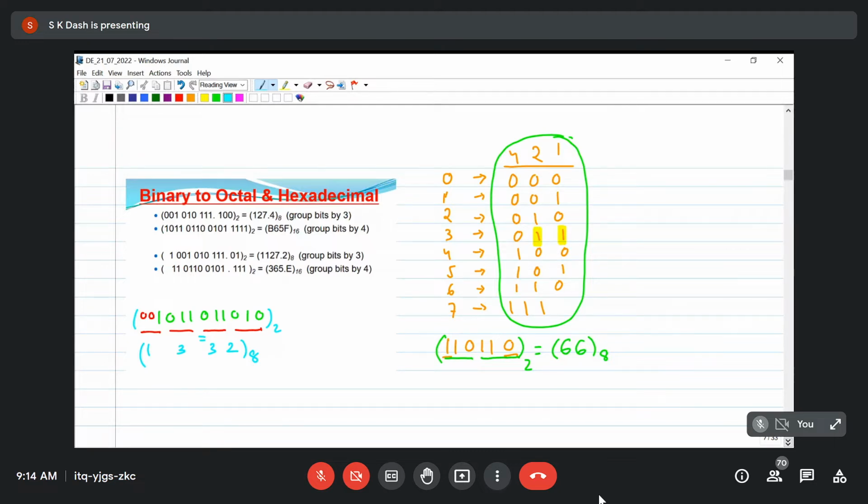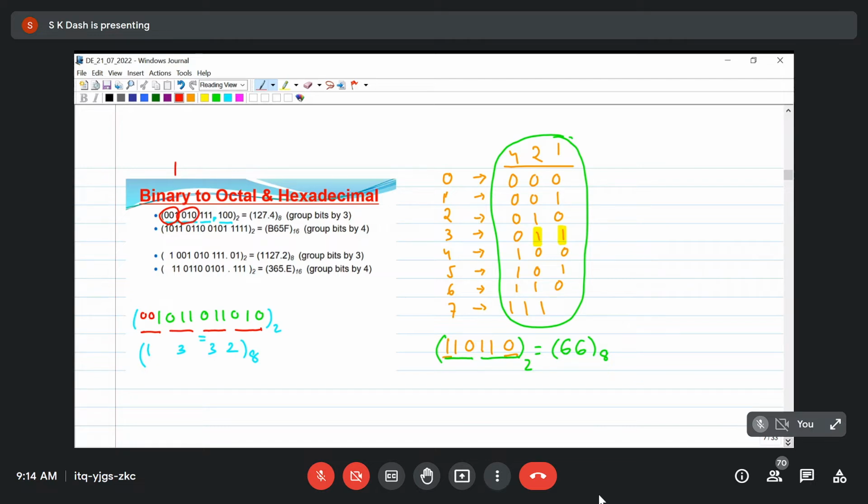Now another example. Here a decimal point is there. To the left of the point we form groups of 3 bits, and to the right of the point we also form groups of 3. First is 001, whose equivalent is 1.